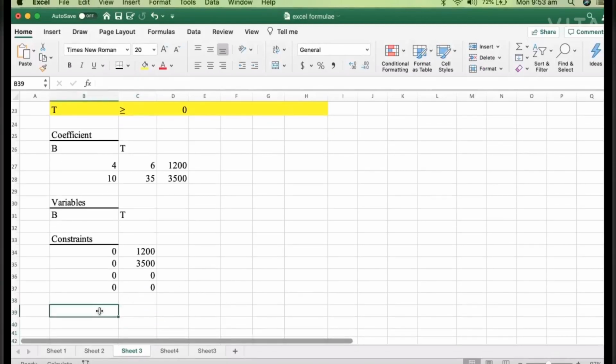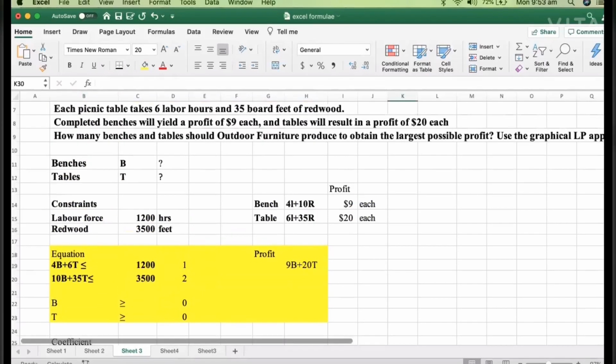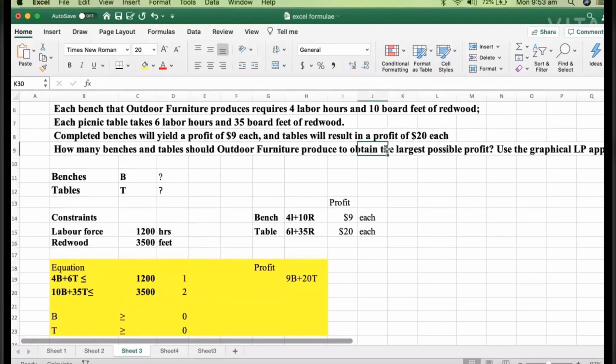And the last one, my objective. What is my objective? Where do I want to go? My objective is to obtain the largest possible profit. It means I have to obtain my maximum profit.